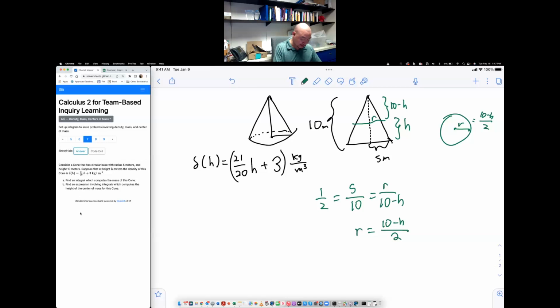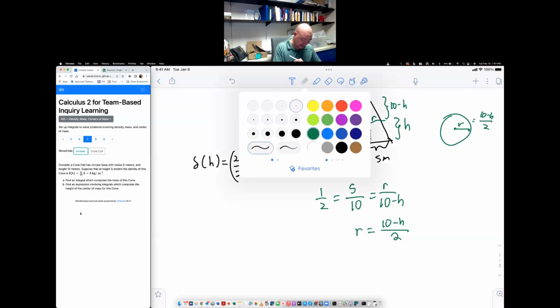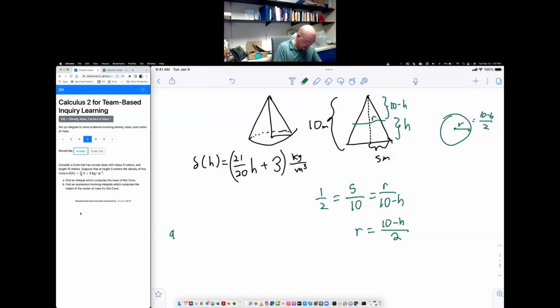And so with all of this information, I am able to compute the total mass of the cone. It is going to be the integral over my valid height values. So that goes from 0 to 10. The area of a cross section is pi r squared.